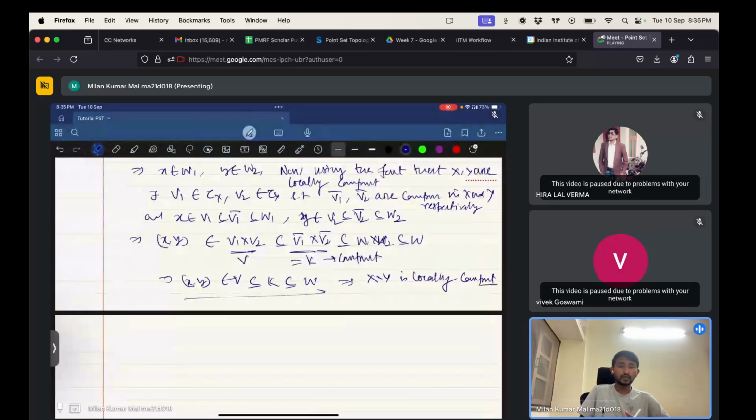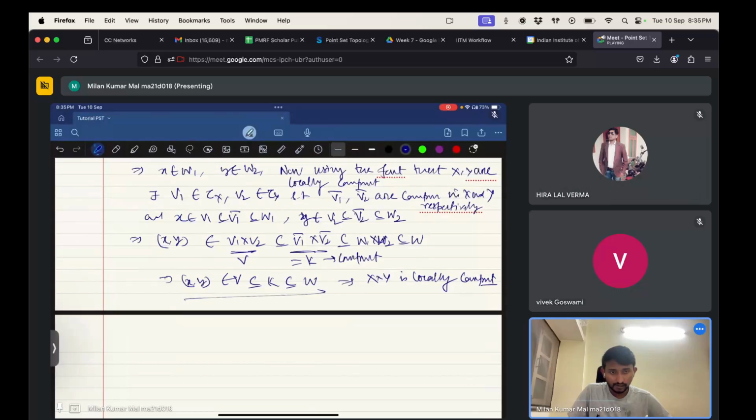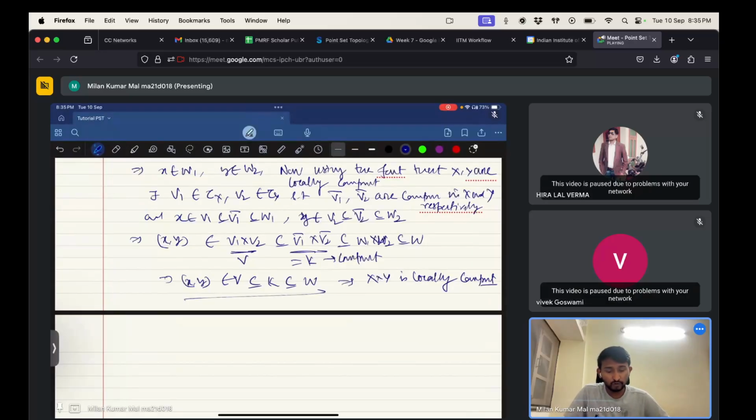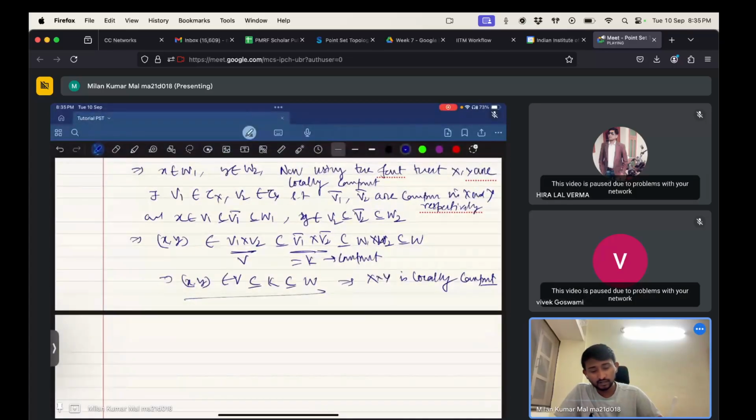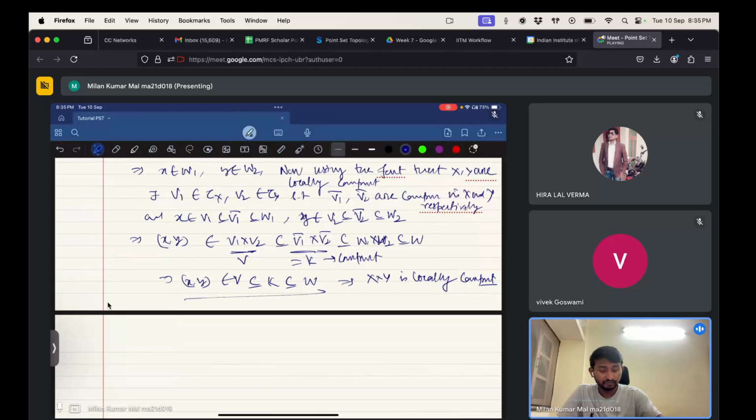I hope this is clear. If there is any doubt, please ask. I think I have tried to solve this problem in great detail. My handwriting is not that good and may not be readable after a few times, but if it is readable, then you will understand, I think.